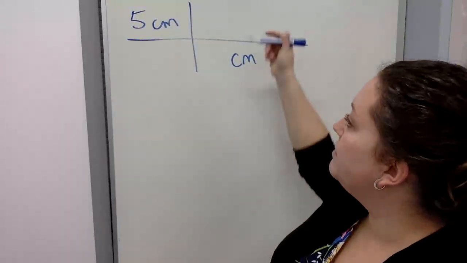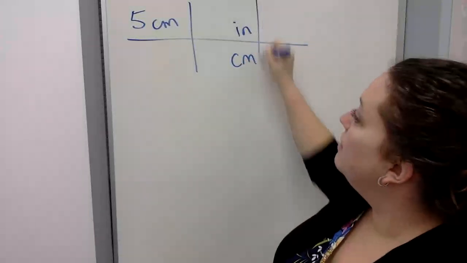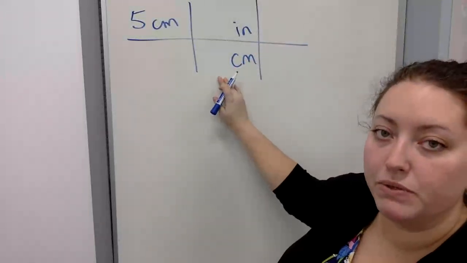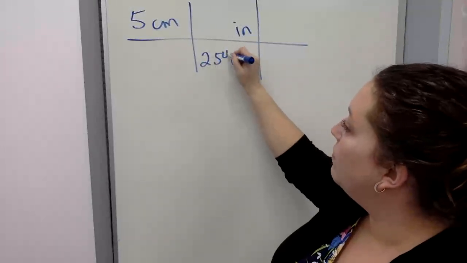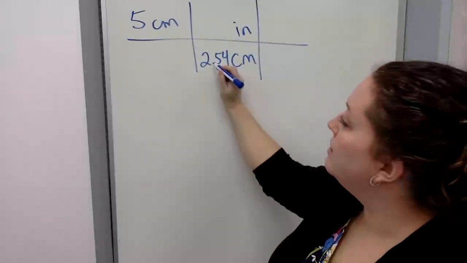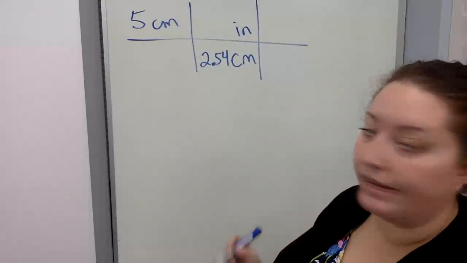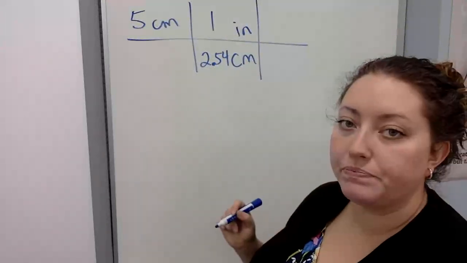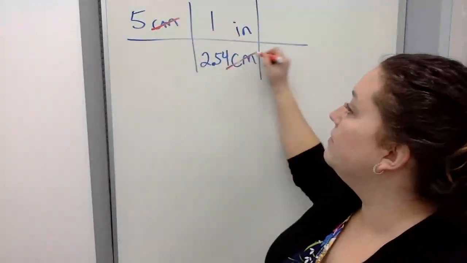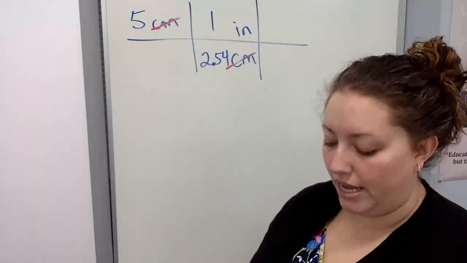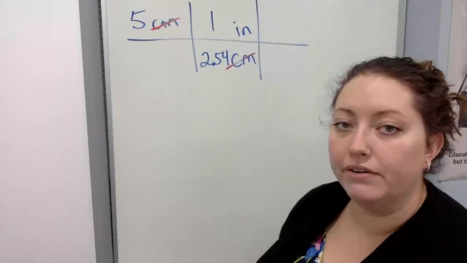So for centimeters to inches, we have to know what the conversion is between these two. All right, so there's going to be 2.54 centimeters for every 1 inch. So we're just going to write in a 1 there. So at this point, centimeters have canceled. Now we're in inches, which is good because we want to get to feet, right?